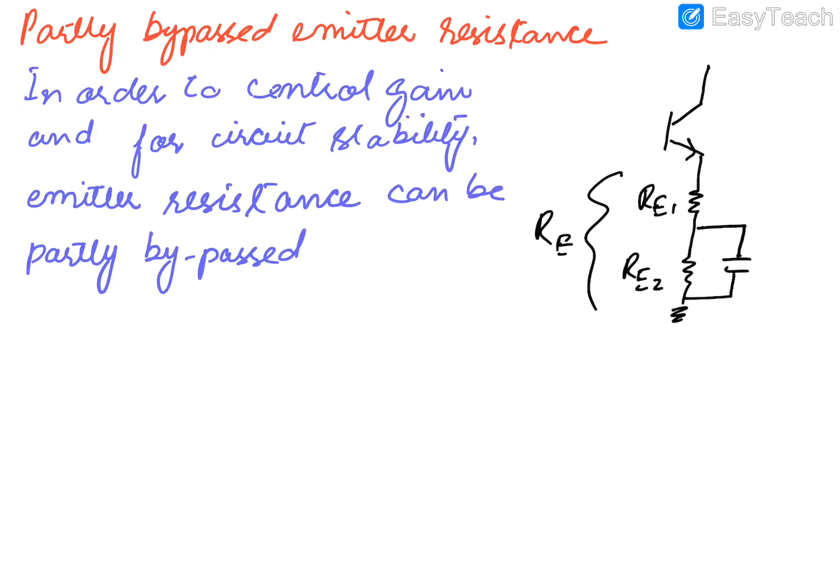So when the AC is applied, this RE2 is bypassed, but the circuit remains stable due to RE1, and also you can control the AC gain with the help of RE1. And when only DC is applied, there is no AC, then the circuit will be stable due to the value of RE.